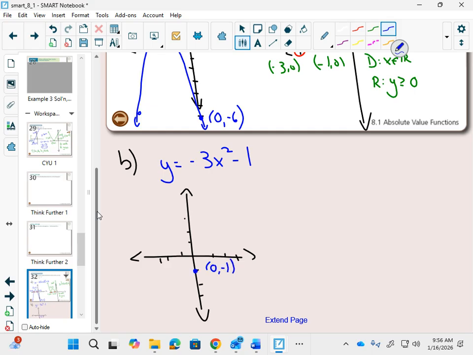Zero and negative 1. Which way does this one open? Up or down? It opens down. We would go over 1, down 3. So I would be at 1 comma negative 4, over 1, down 3, negative 1, negative 4. Next time it would go over 1, down 9. Do you see that all of your y values are negative?